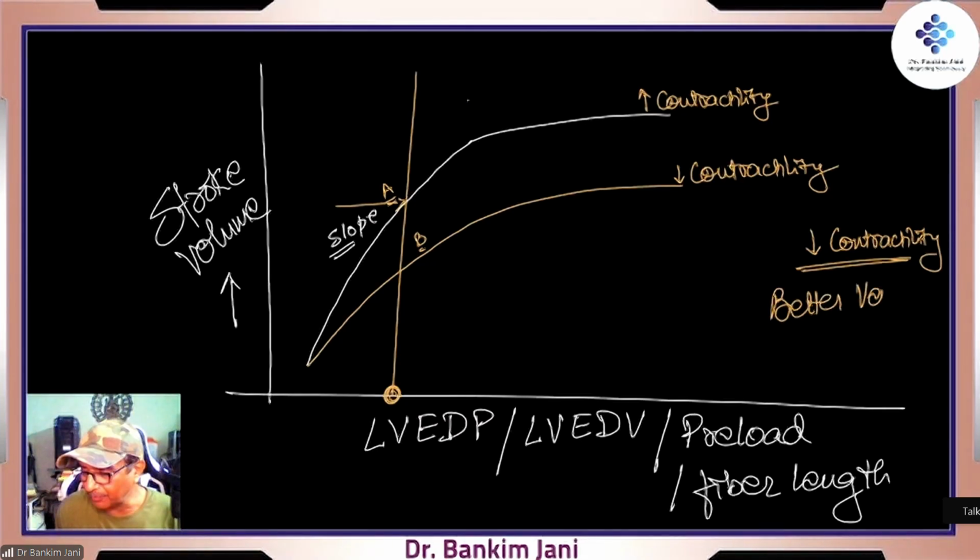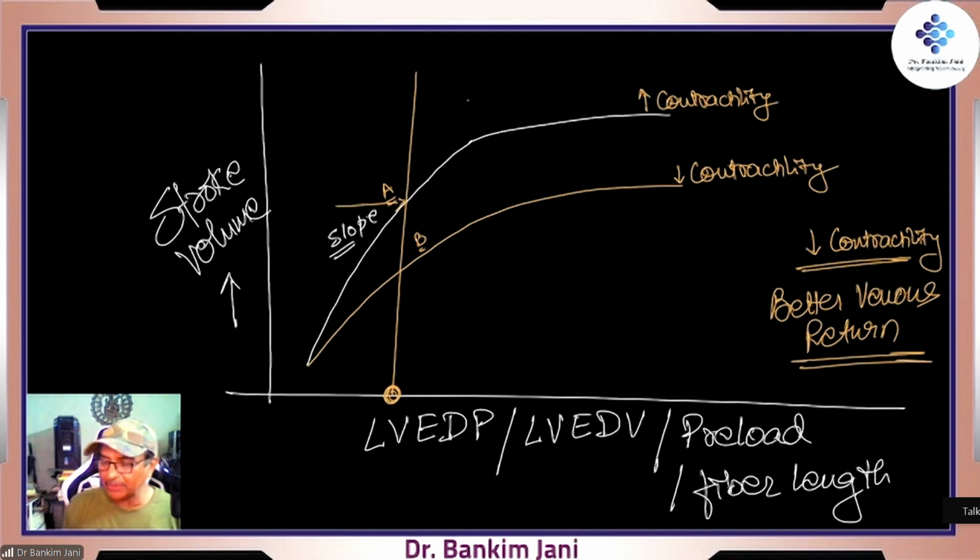Better venous return. Would it be better in A or B? That's right, Sharan. Nishad, Chitra, Vaishnavi, yes, Riya, all good. Swastika, Khushi, Durgesh, all of you. Yes, the venous return would be better in A.